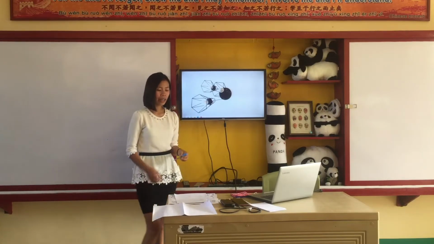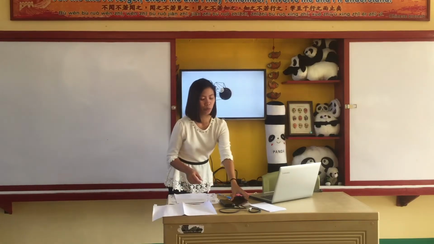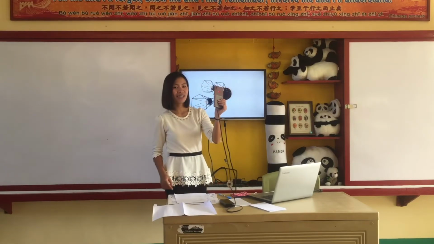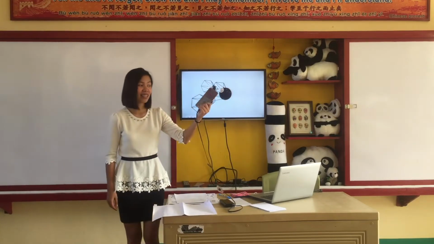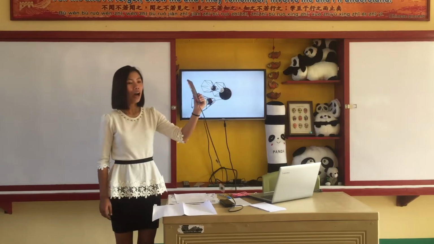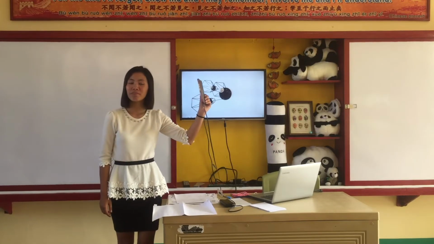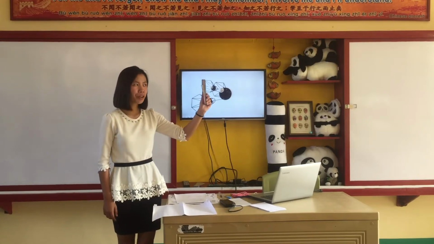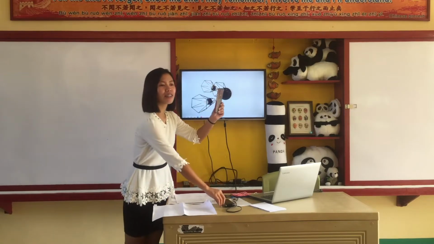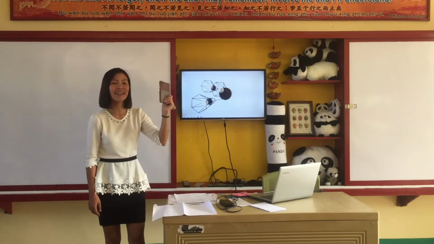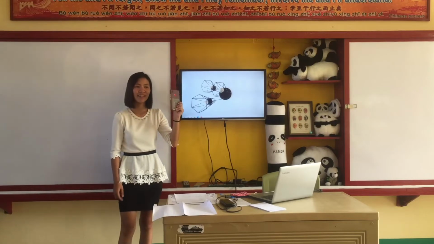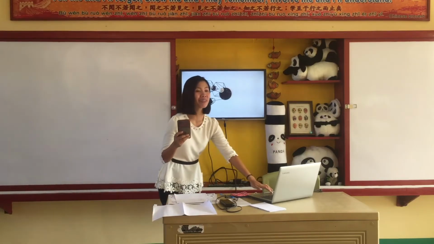No more? Okay. Next is this one. What is this? Yes, it's a phone. How will you describe a phone? Used for communication. What else? Entertainment, yes. What else? Maps.